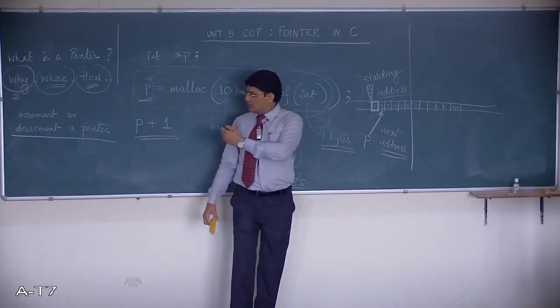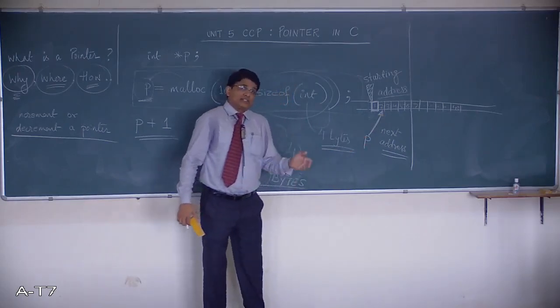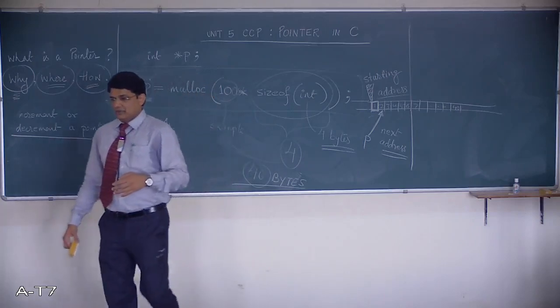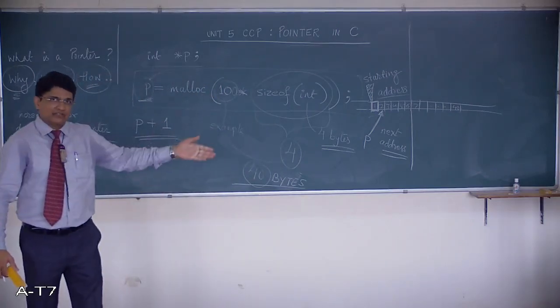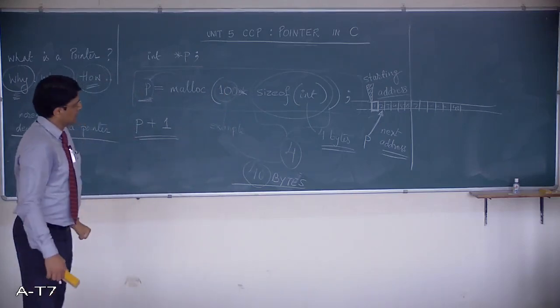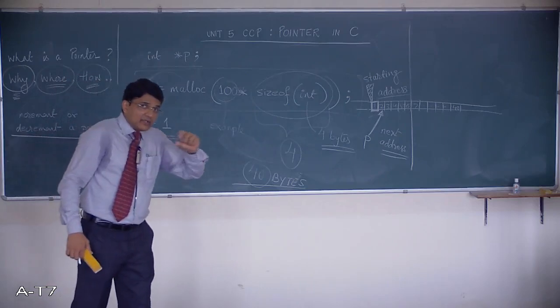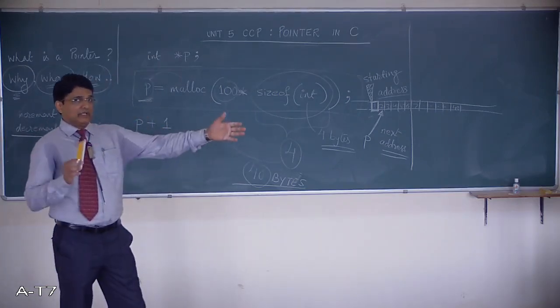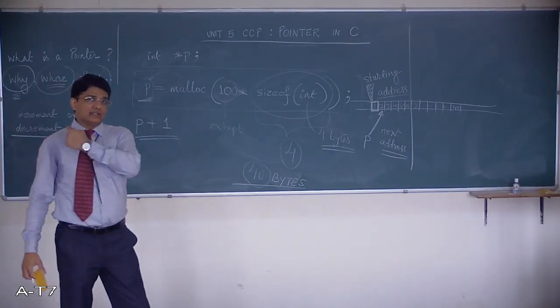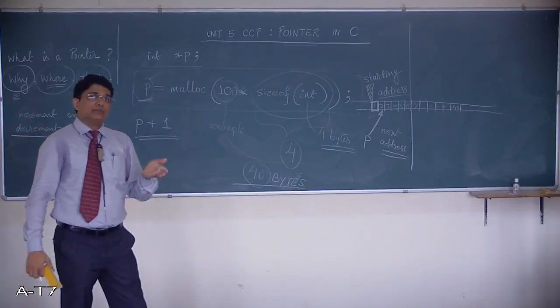You can have a look here. P was initially pointing to the first number. You said P plus 1. Now it's pointing to the next number. So P plus plus, next number, P plus plus, next number, and so on. So that's how we can traverse the set of numbers by using this arithmetic on pointers.